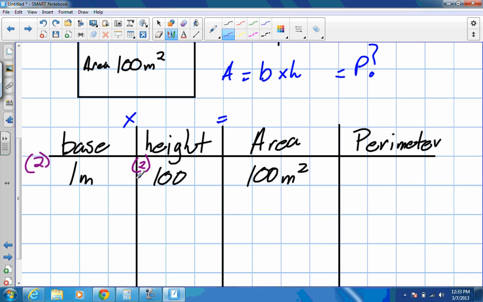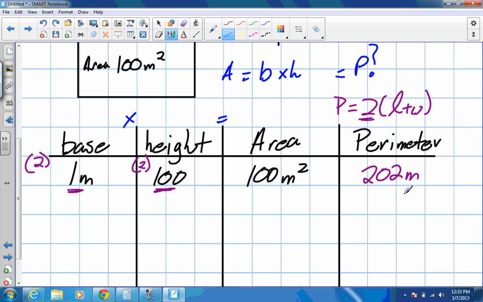What will the perimeter of this object be? 202. Remember, the perimeter is where we add all 4 sides together, or you can think of it like this: 2, because it's a 4-sided shape, times L plus W. So if we add our L and W, or our base and height, that's 101 times the value of 2. We're going to have a perimeter of 202 meters.